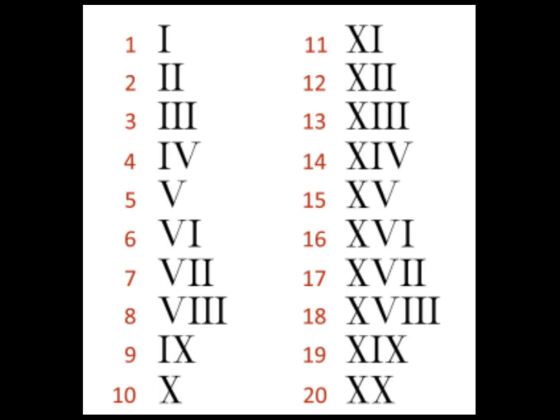Now, of course, as I'm sure you're about to tell me, just a minute, what about the number 4, IV? That's absolutely correct, because in this case, they're actually using a subtractive method, because IV means 1 subtracted from 5. But nevertheless, the main additive principle that we use still applies here. And this counting system actually is still in use today.